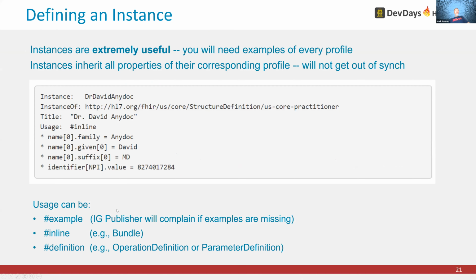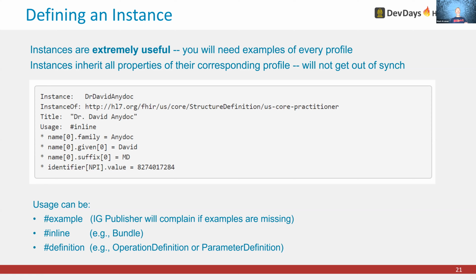A very, very useful thing is to define instances. Instances are very, very useful. You'll need to define them associated with an implementation guide. In fact, the IG publisher will complain if you don't have example instances of every profile and extension in your IG.